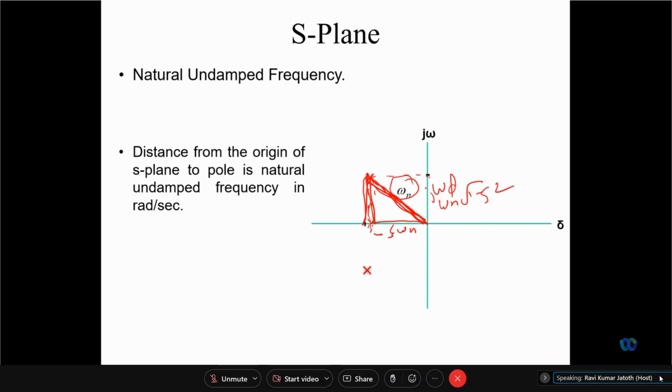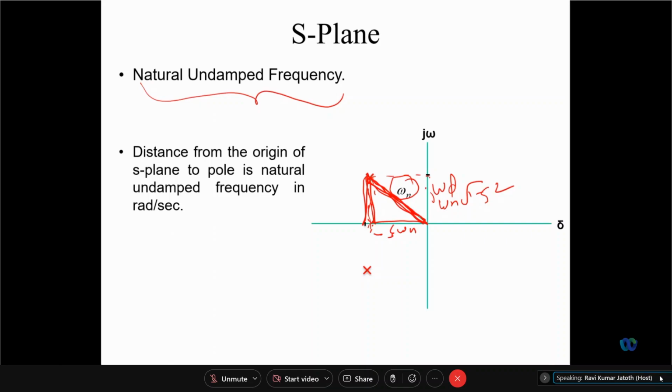So omega n is what we are calling the natural undamped frequency. Try to understand from now onwards. If we are not able to understand the system behavior in the time domain, then we apply the Laplace transform and convert that into the S domain, and in the S domain we try to understand the behavior of the system. So one term we came across is natural undamped frequency.